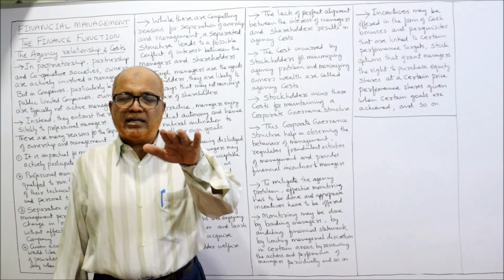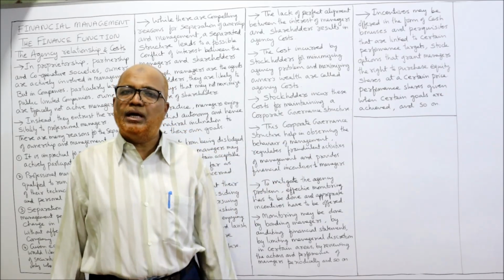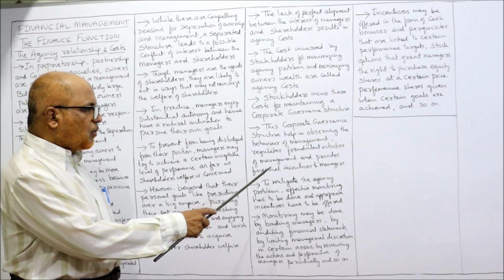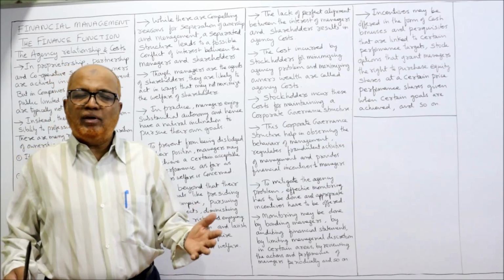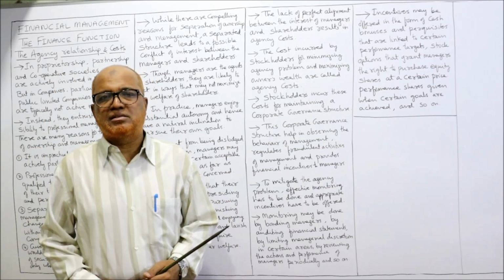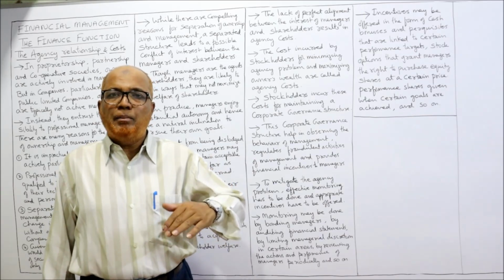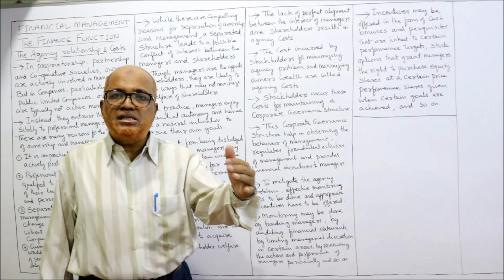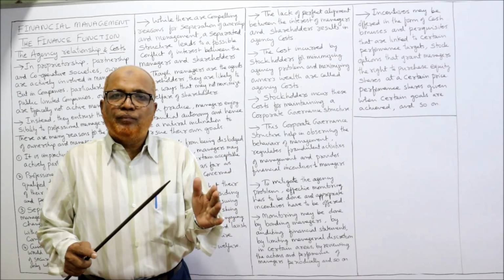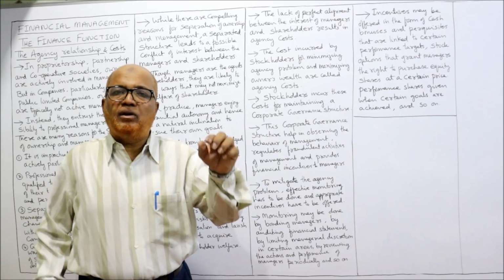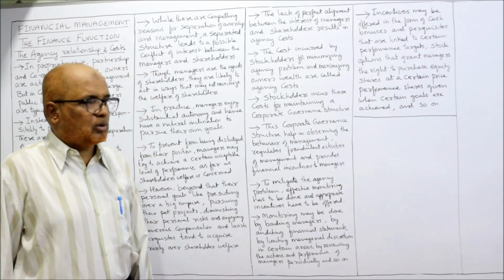So fraudulent activities will be minimized by incurring some cost called agency cost. It also provides financial incentives to managers. Normally, one of the best motivators is finance. By giving better bonuses, perquisites, and incentives to managers, they will align their interest with the interest of the shareholders.